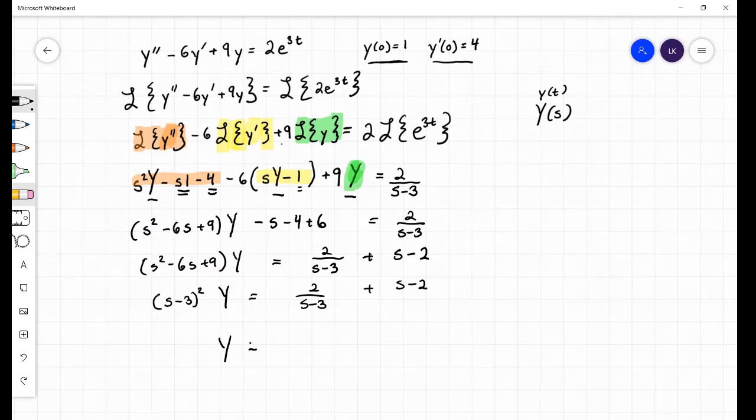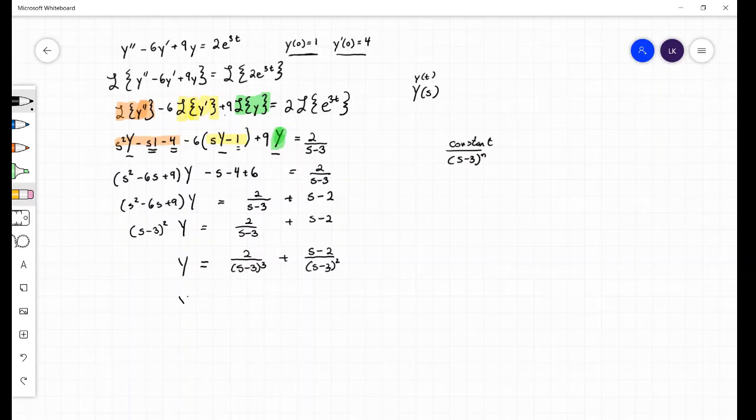And so now it's time to find the inverse Laplace of Y of s. Towards that end, I see I can make these things look like some constant over s minus 3 to a power, in which case I know the inverse Laplace of that is going to be some exponential times some power of t.